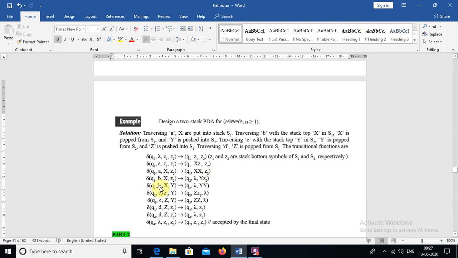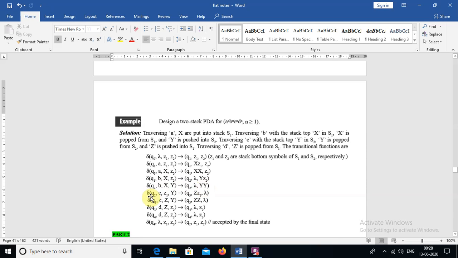You have a B input again. If you find X on top of the S1 stack and Y on top of the S2 stack, you have to stay in the same state, and push nothing into stack 1, but push YY into stack 2.